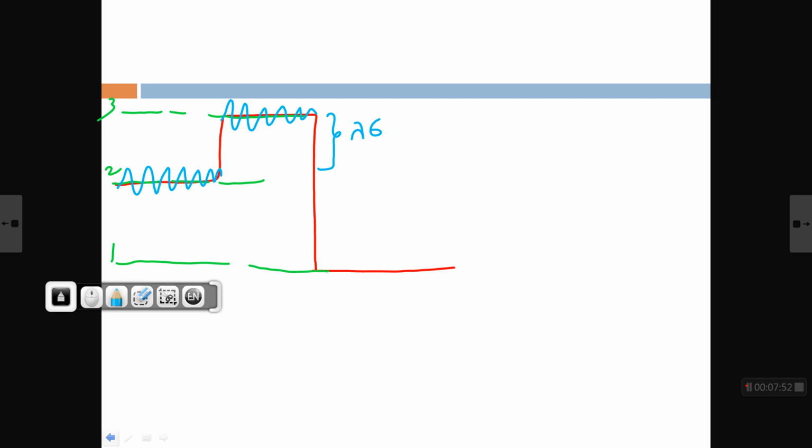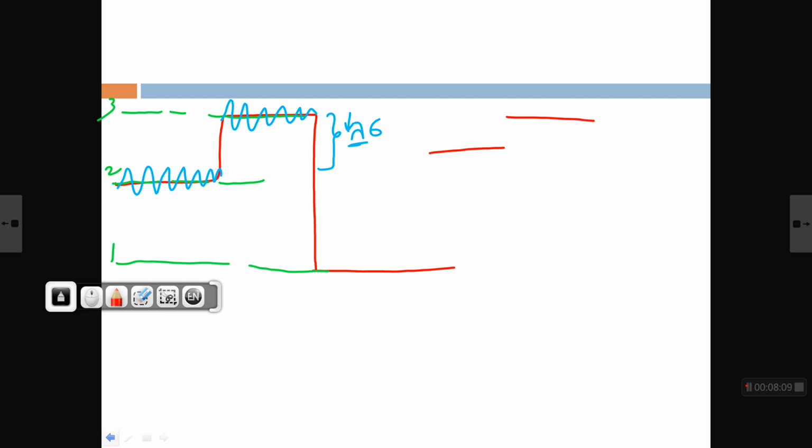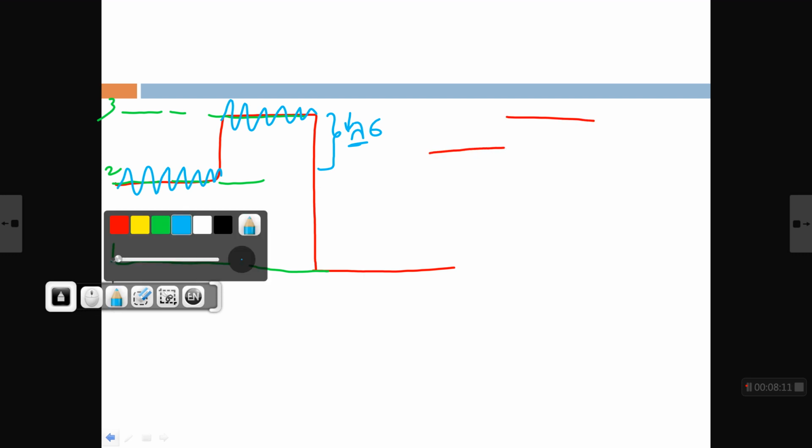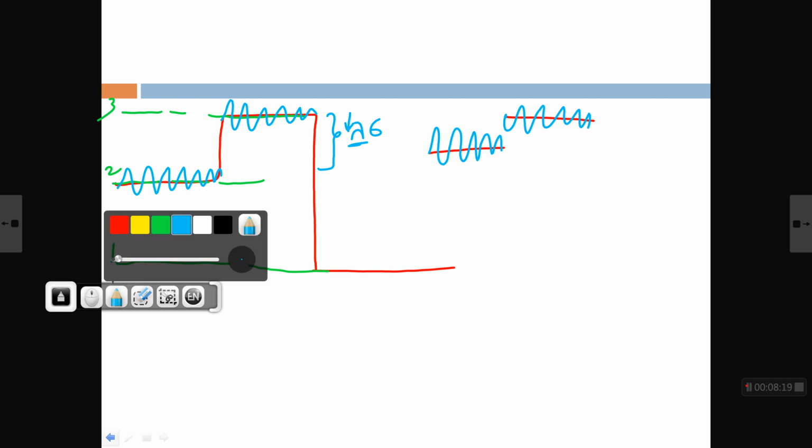Now what is this lambda? Supposing lambda is very less, then what will happen is that the separation between these two levels will be very low. So the levels will come close to one another. When the levels come close to one another, whatever noise is there here and whatever noise is there here, it will cross this division point.